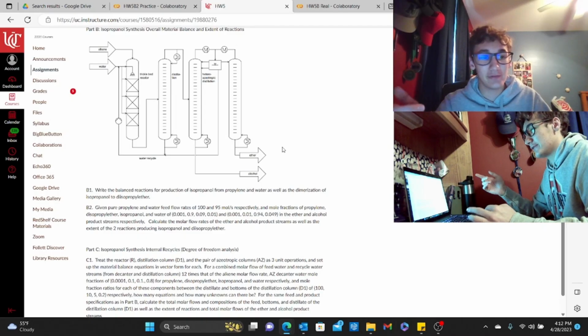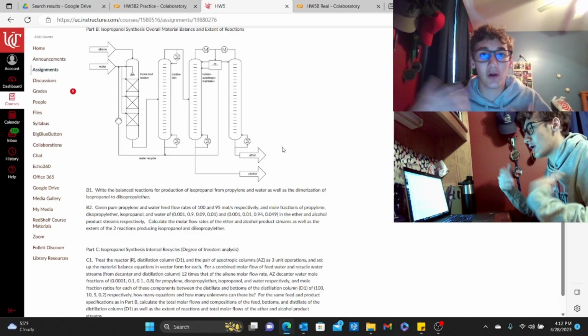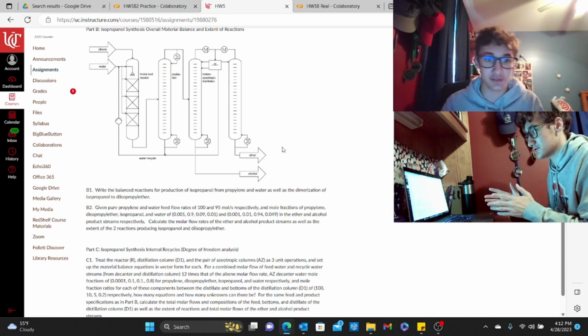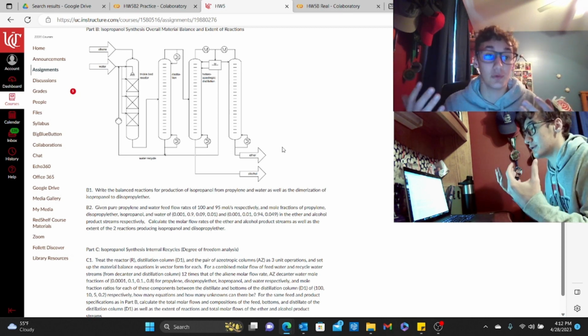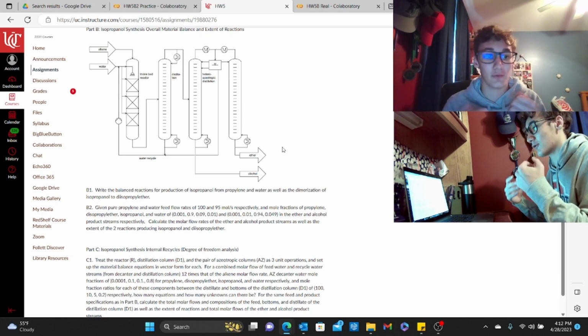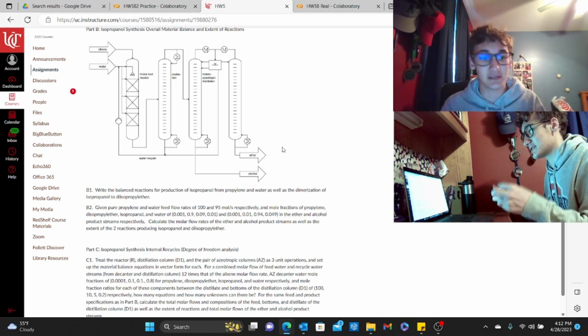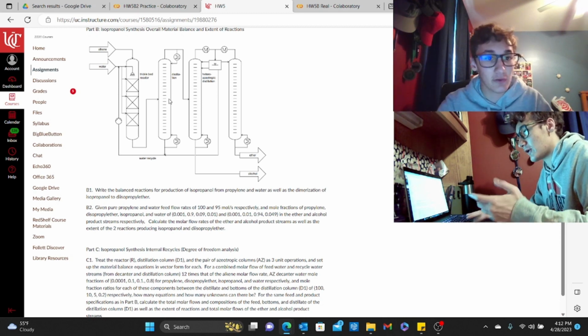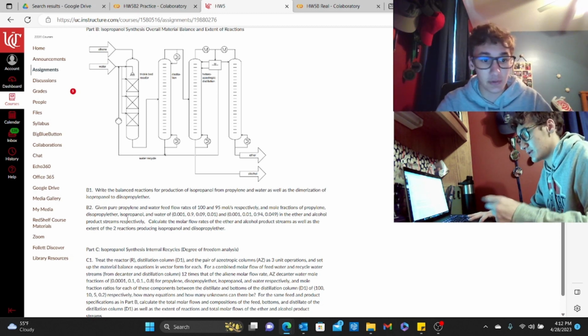Now that we've gone through and written out the big picture, what comes in and what goes out, we can code this out and figure out the more exact numbers. Let's go over B2 again.